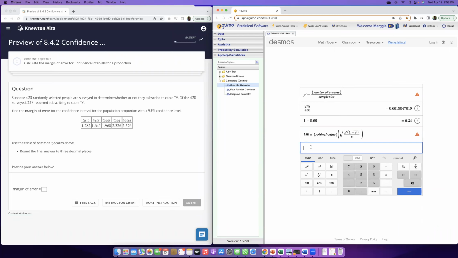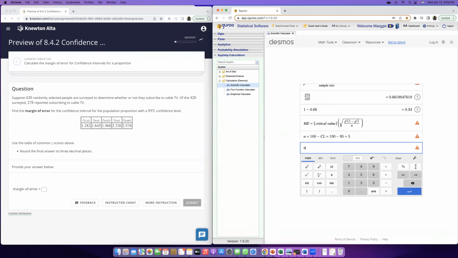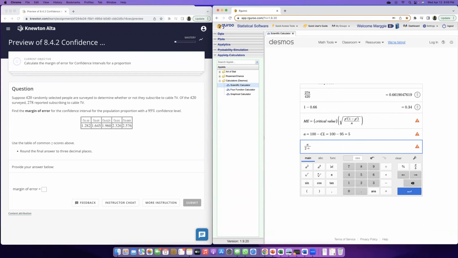So again, for the critical point, we need to find alpha. Alpha is always 100 minus your confidence level. So again, it's 100 minus 95%, and that is 5%. So then when we find alpha over 2, we get 5 over 2, which is 2.5.